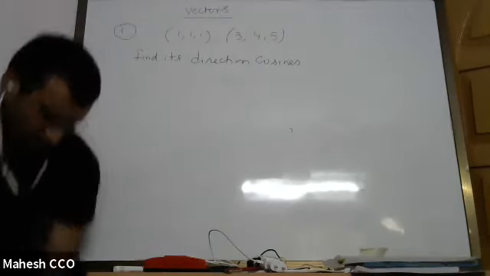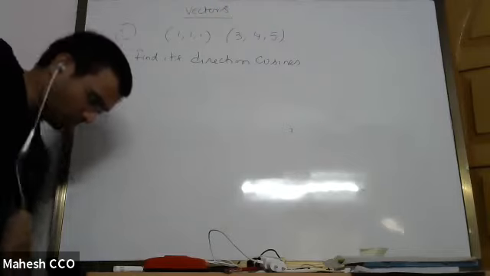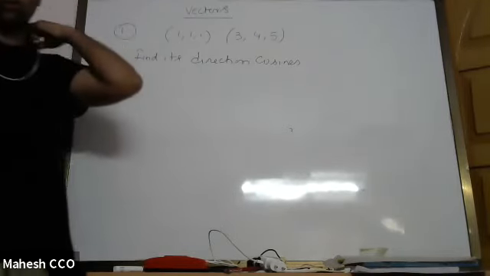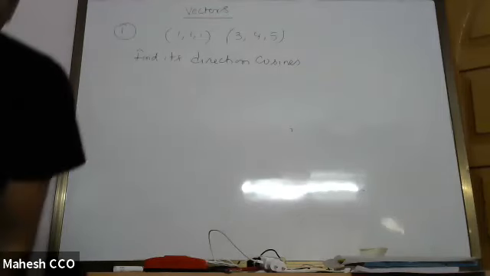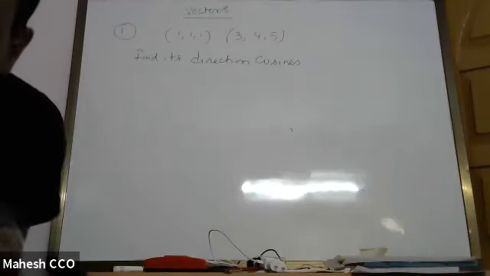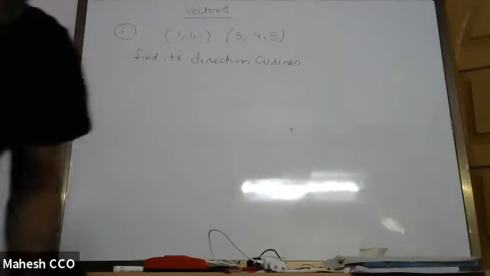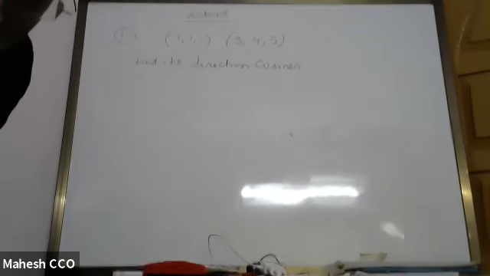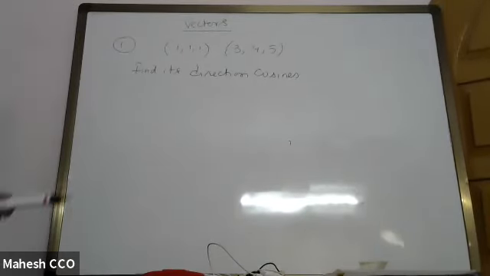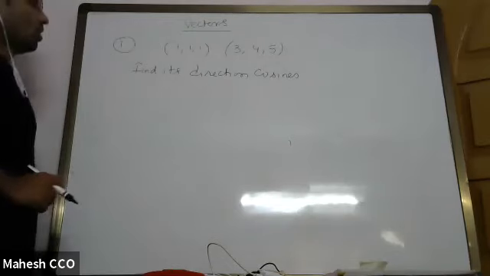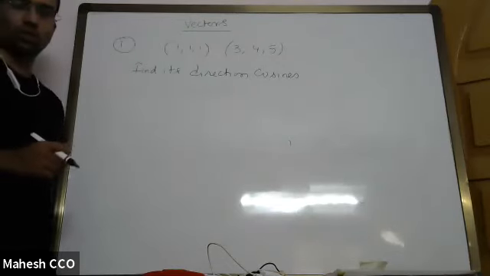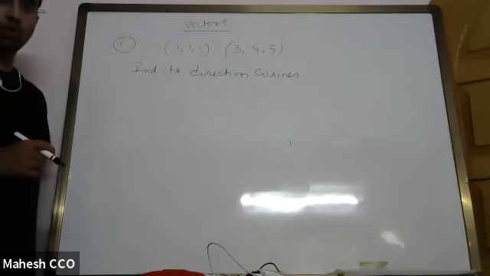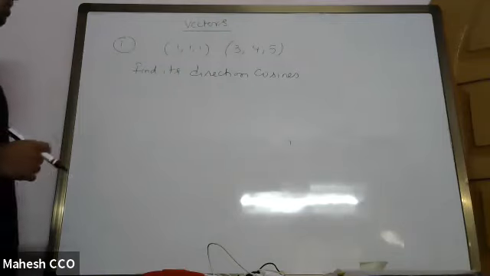Find the direction cosines of this vector, which is connecting 1, 1, 1 and 3, 4, 5. A very easy question.